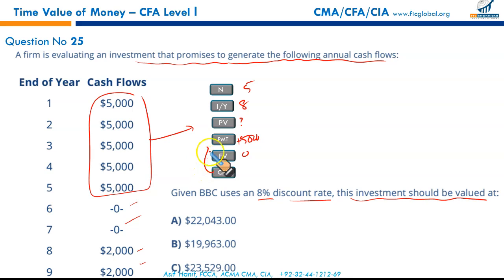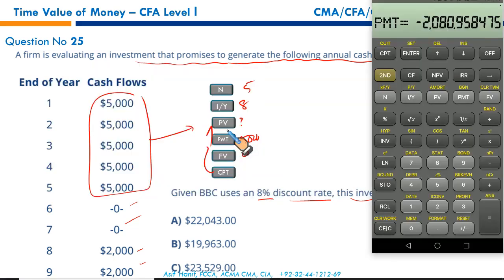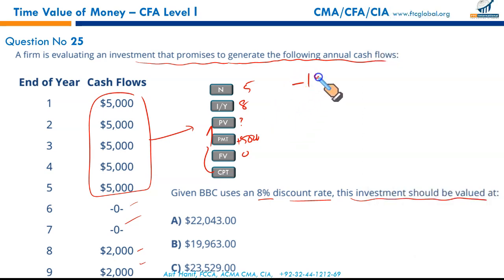Simply press CPT and you will calculate the present value, and let us do it. 5 N, 8 interest rate, 5,000 inflow at the end of each of the 5 years. This is PMT. Future value is 0. We need to calculate the present value, and this gives us 19963. All these are positive, so inflows is a positive NPV.